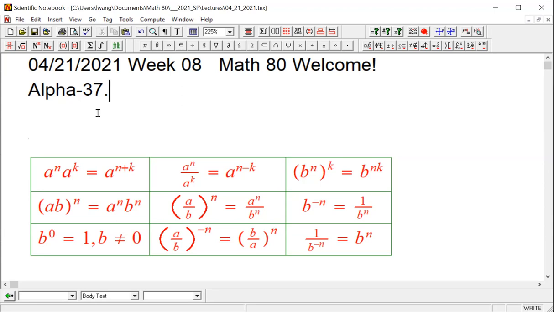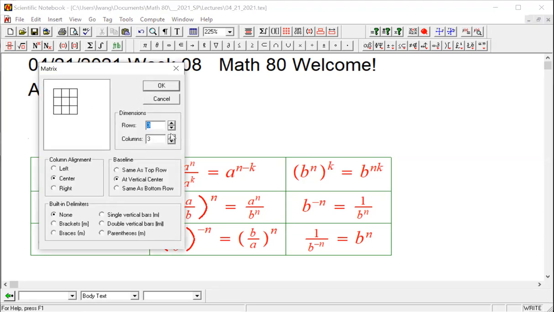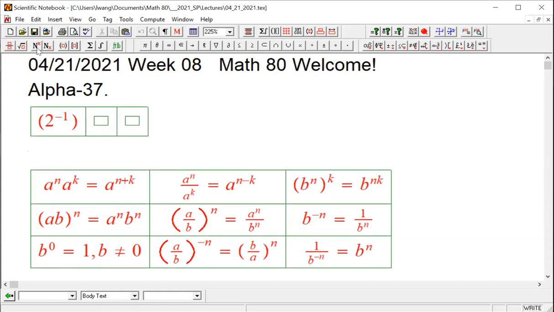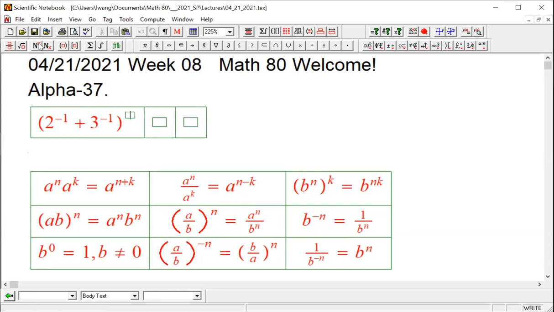So let's look at this column, let me put just one row. We have 2 to the power negative 1 plus 3 to the power negative 1, and then to the power of a negative 1.